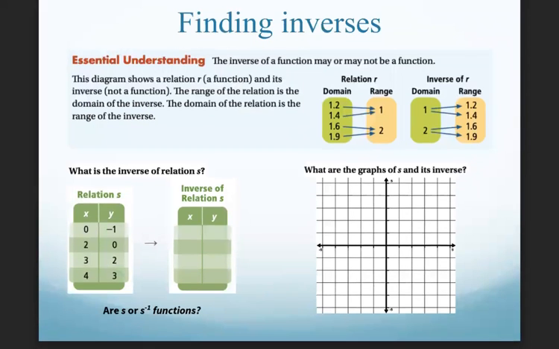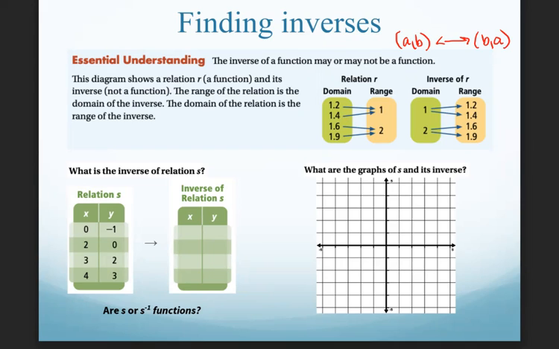Okay, so how do we calculate these inverses? To find inverses, what we're looking for is, if we have an ordered pair, we're really switching the X and Y values, right? We had said A comma B would have the inverse B comma A. So whatever my X value was and my Y value, I'm going to switch them. Now remember, relation is just our general term for something that we don't know is a function.